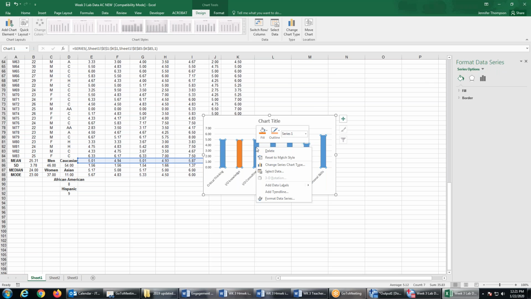Now I don't know how to get it. Add data labels. Definitely want to put that on there. How did I do? Let's see.